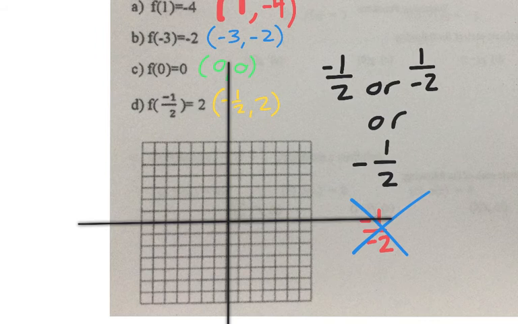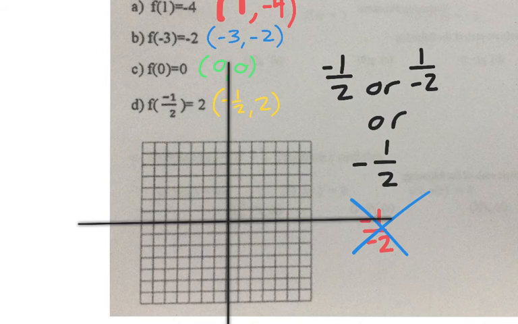The negative tells me to go left, so I'm going left 3. -2 means down 2. There's B. C is 0, 0. That means from the origin, I go nowhere left or right, nowhere up or down. So there is C. It's not much of a dot.